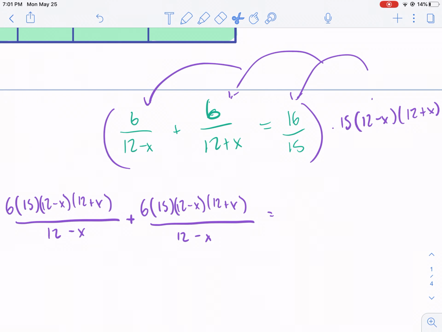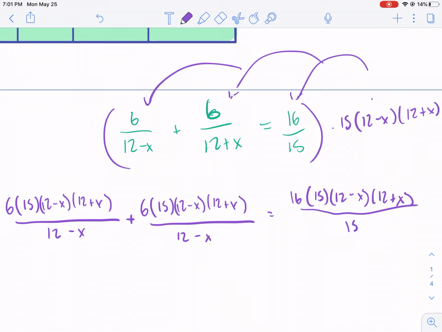And now this is equal to 16 times 15 times 12 minus x times 12 plus x. I'm just trying to get rid of the denominators here. That was an ugly line, but you guys get what I'm saying.